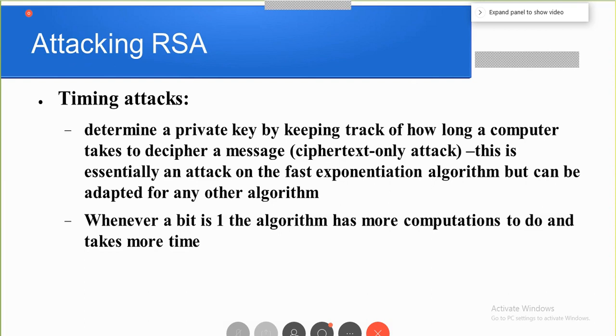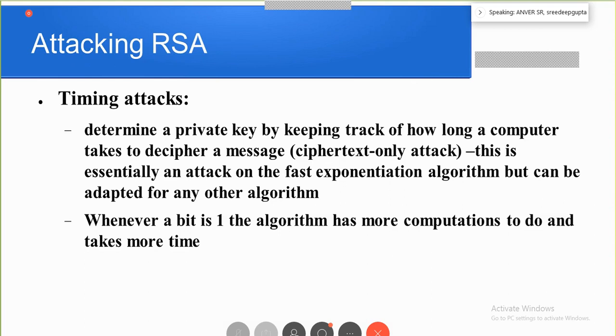This is based on the fast exponentiation algorithm. If the bits are zeros, it takes less computation, and if the bits are 1 in the encryption key, it takes more computation. So by analyzing the time taken to compute for each bit, the cryptanalyst can determine the possible keys. That is the timing attack. Whenever a bit is 1, the algorithm has more computations to do and takes more time.